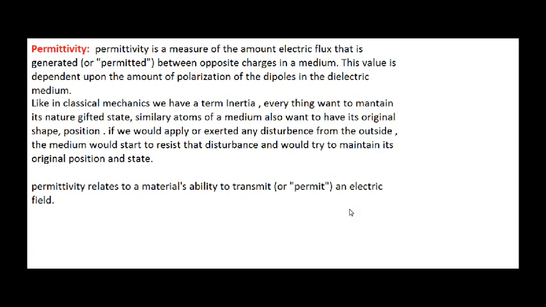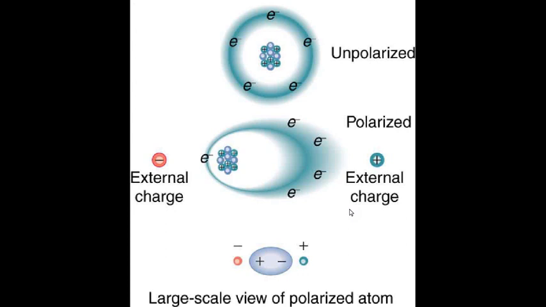Permittivity relates to the material's ability to transmit or permit an electric field. We can see here that when there is no perturbation, no external force, the atom is unpolarized.